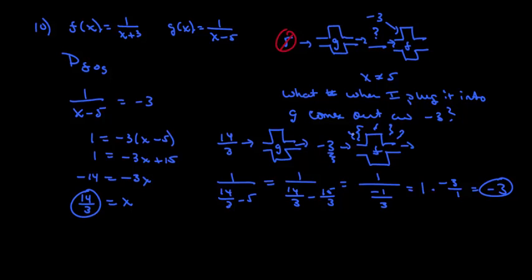Okay, so our two restrictions are x can't be positive 5, and x can't be 14 thirds. So how do I write that in interval notation?